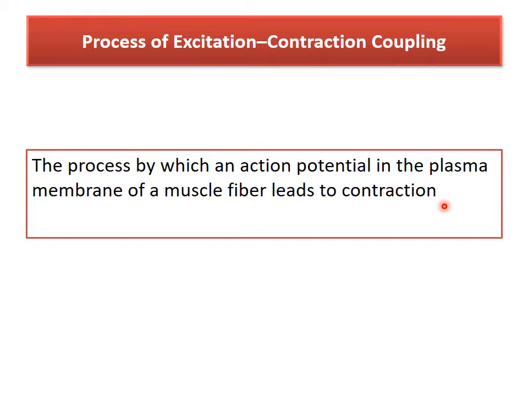Or you can say that when the action potential is produced in the muscle fiber, and you know it is transmitted by the neuromuscular junction, the events that connect this excitation from the nerve and the neuromuscular junction and lead to the contraction events or the mechanical events in the muscle, the whole process is known as the process of excitation-contraction coupling.